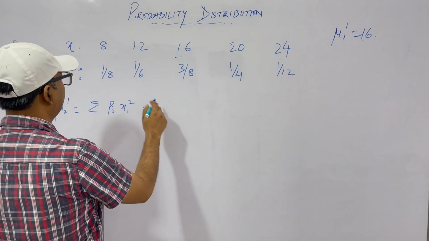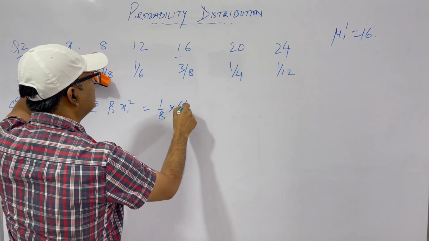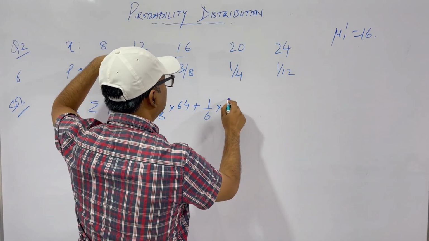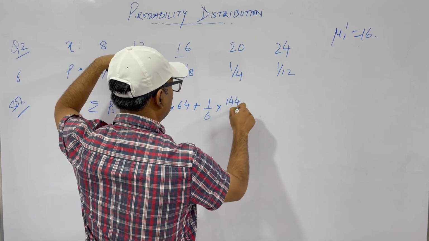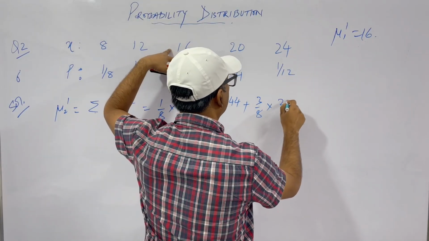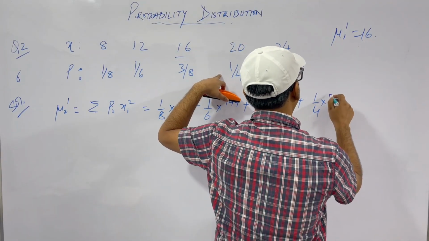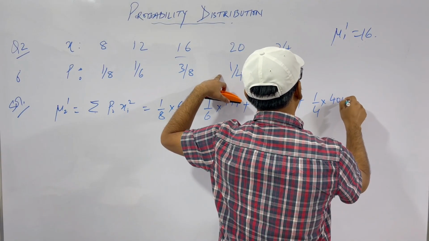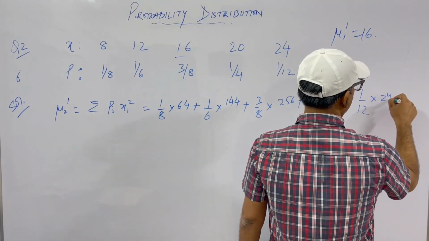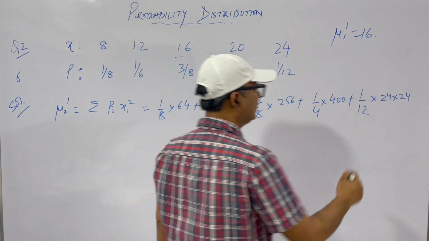So this is 1 by 8 into 8 square, that is 64, plus 1 by 6 into 12 square, that is 144, plus 3 by 8 into 16 square, 256, plus 1 by 4 into 20 square, 400, plus 1 by 12 into 24 square, whatever it be. Clear? Let's calculate.